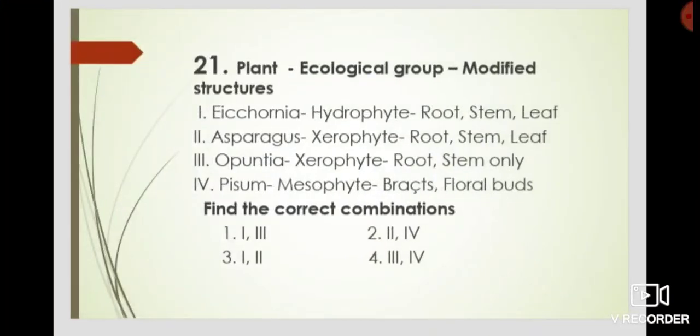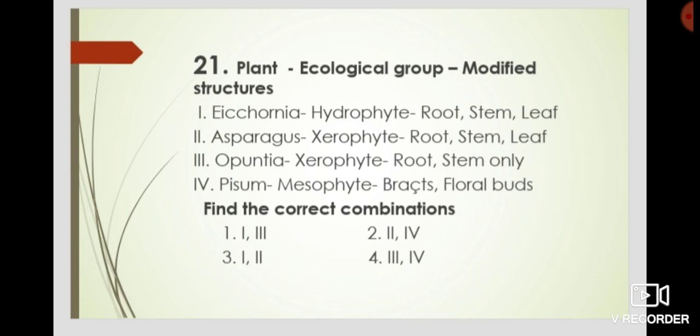Next question 21. Plant ecological group modified structures are given in that question. Find the correct combinations. Combination 1, Eichhornia, hydrophyte, root, stem, leaf is modified structures. Asparagus, xerophyte, root, stem, leaves are modified structures.